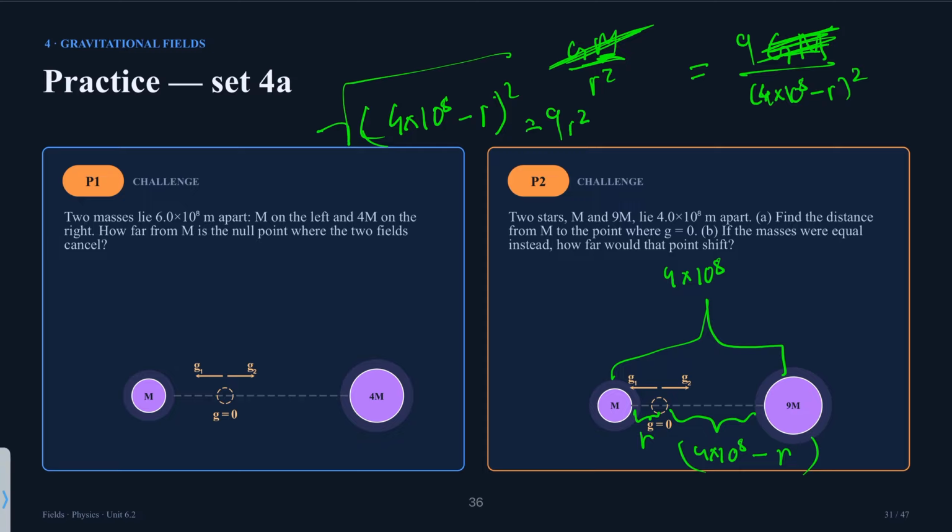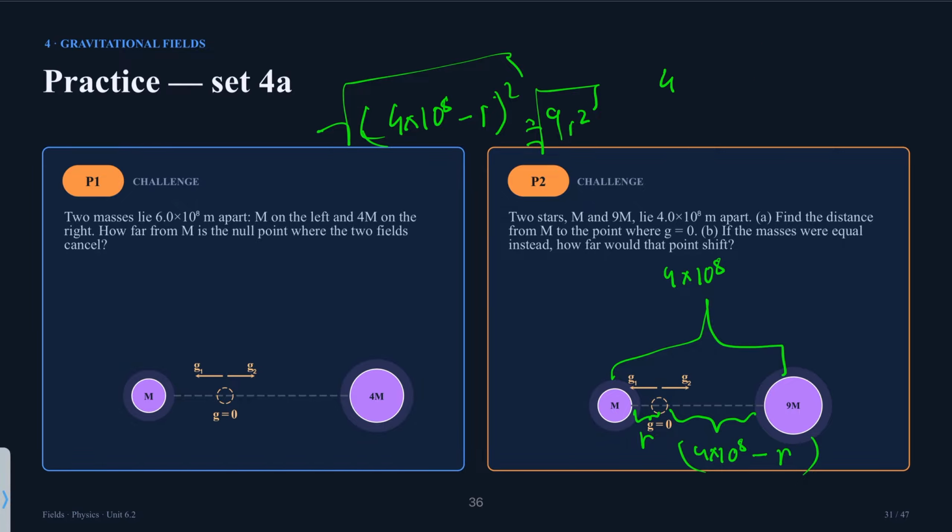You can take the square root of both sides. Then you'll get 4 times 10 to the 8th minus R is equal to 3R. 4R is equal to 4 times 10 to the 8th. R is equal to 10 to the 8th. So all in all, pretty simple, actually.